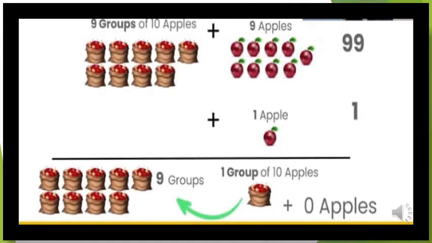First 99. How do we represent 99? 9 groups of 10 apples plus 9 apples. The 9 are single apples which can't be grouped, because to make one group of apples we need at least 10 apples. For every bag there are 10 apples. So there will be 9 groups of 10 apples and 9 apples. Now we add one single apple to the 9 apples. What we get is one group of 10 apples.